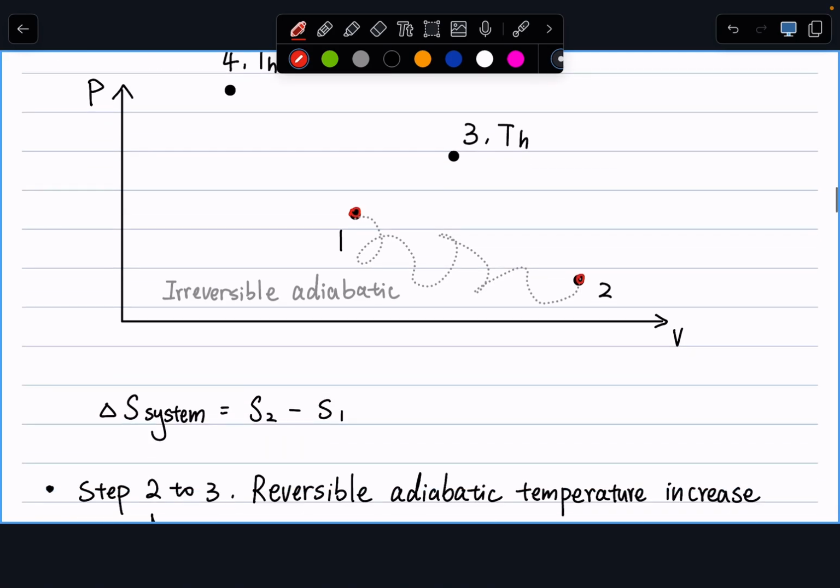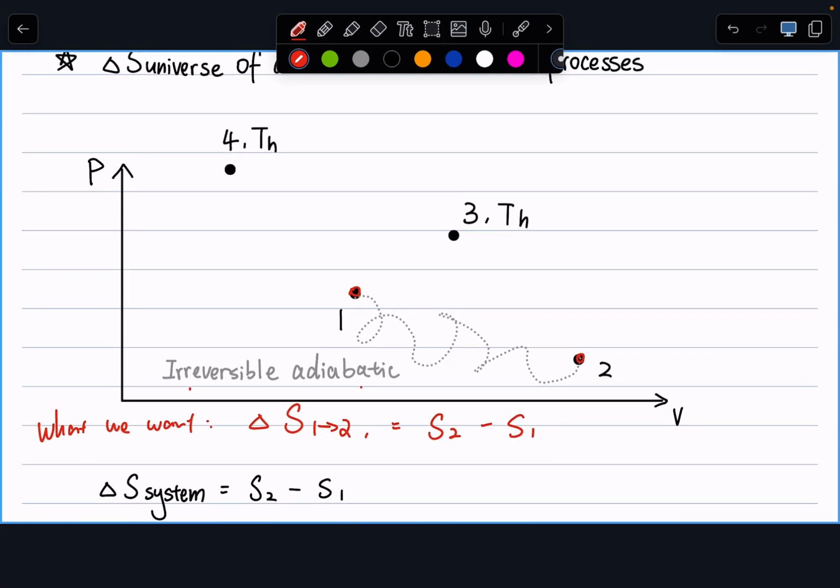So what we want is the delta S of 1 to 2, which is an irreversible adiabatic process, and that equals S2 minus S1. So how exactly are we going to have an expression for S2 minus S1?